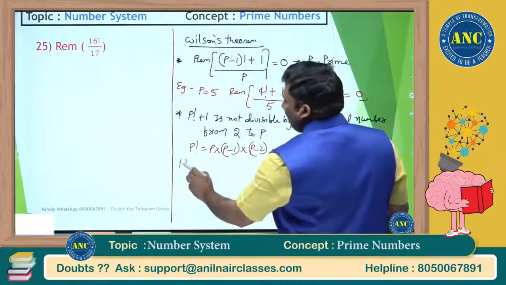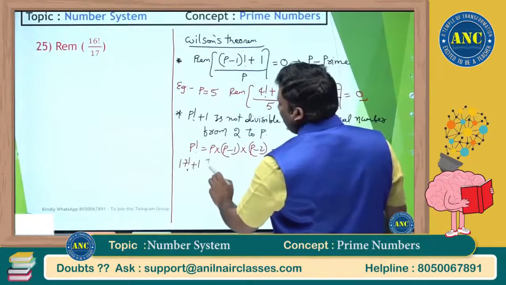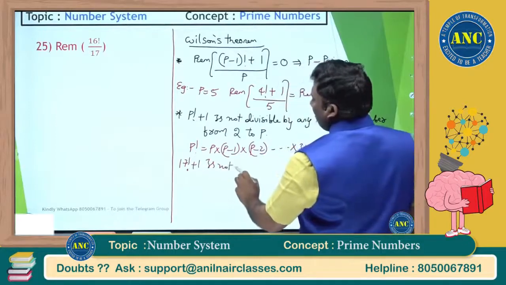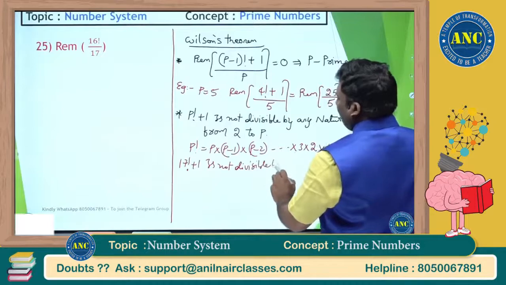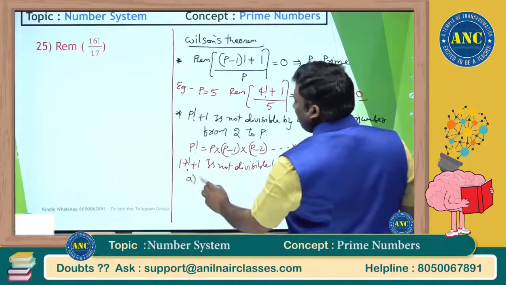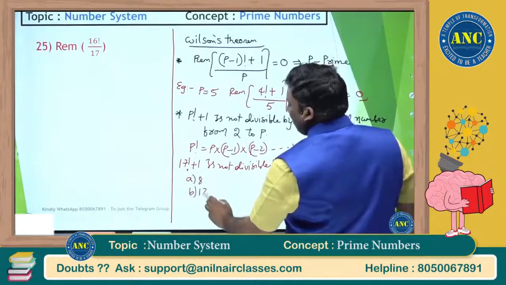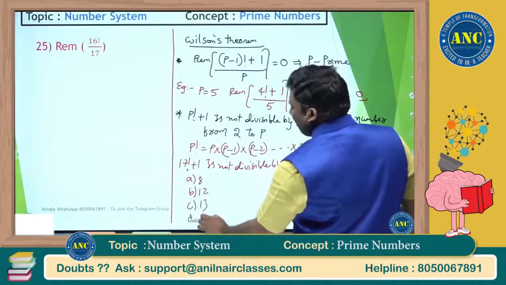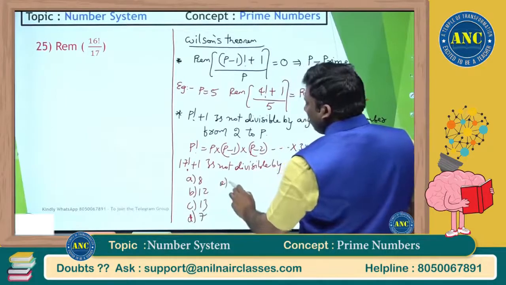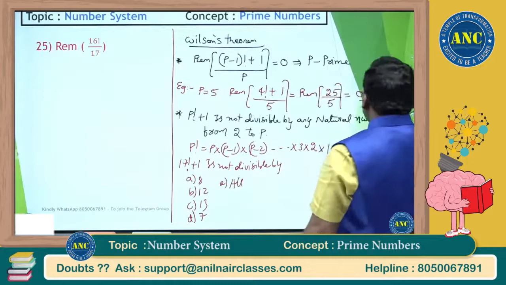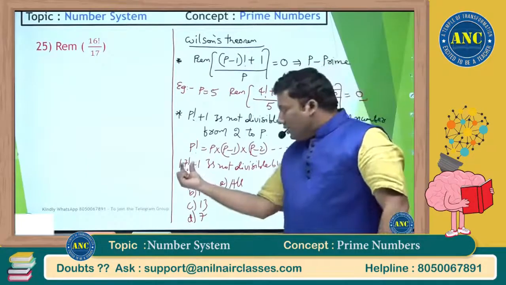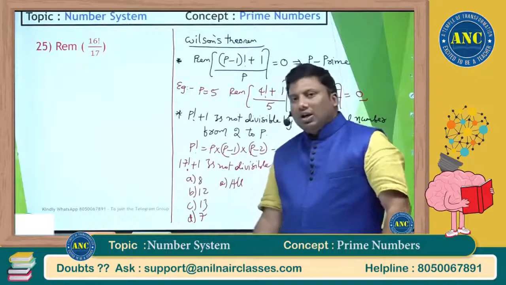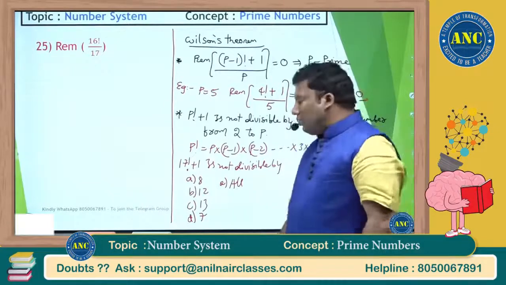Suppose 17 factorial plus 1 is not divisible by 8, 12, 13, 7, all of these. 17 factorial is the product of all the numbers from 1 to 17.